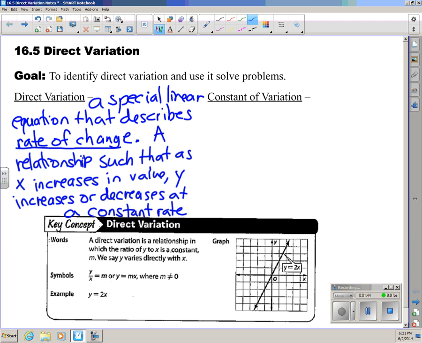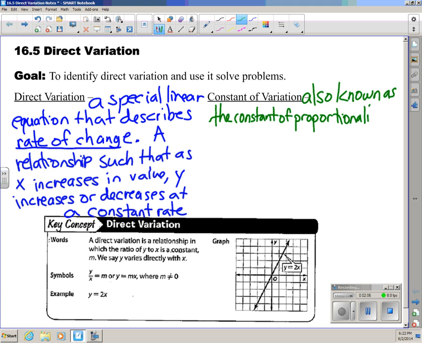So again, the constant rate. The constant of variation to you guys is also known as the constant of proportionality, or slope.